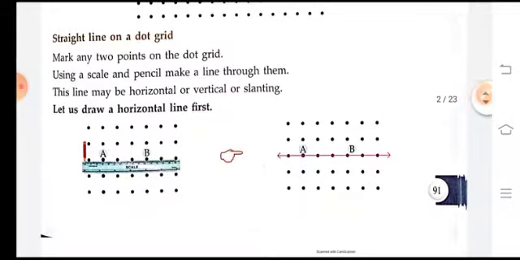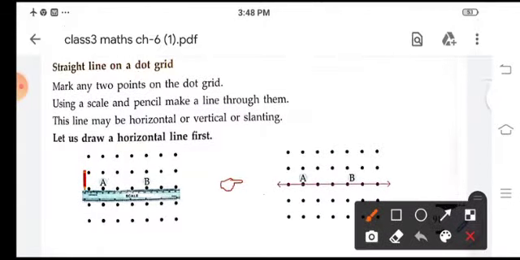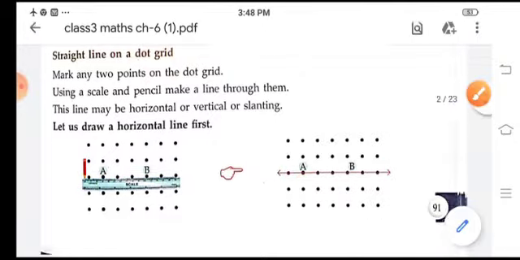First we'll mark any 2 points on the grid. Suppose we have marked here A and here B. Then we join these 2 points with the help of the scale, like this. See, and then we put arrows at both the ends. So this is a straight line.